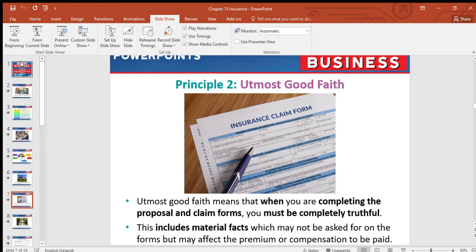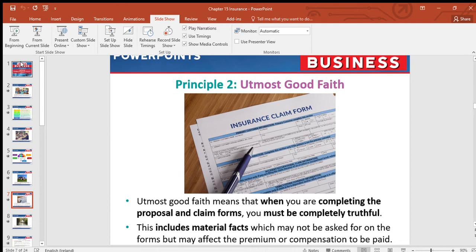So it's basically my application. I need to state as much detail as possible and fill in all the different areas that they want me to fill in on the proposal form, and I must state everything as truthfully as possible, and I must include as much information, what we call material facts, as much relevant information as possible.